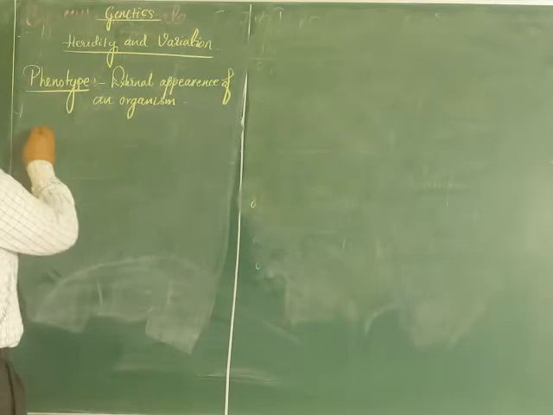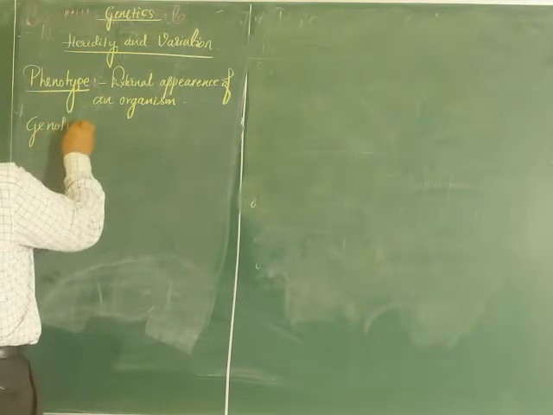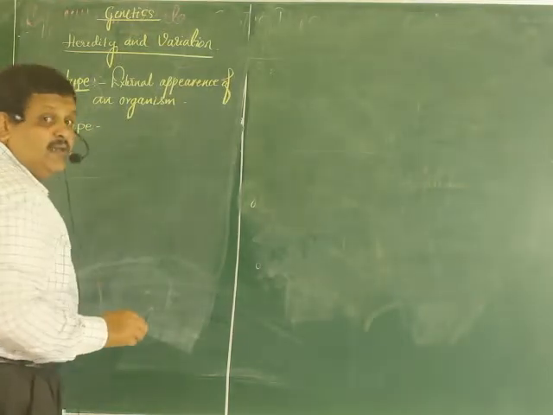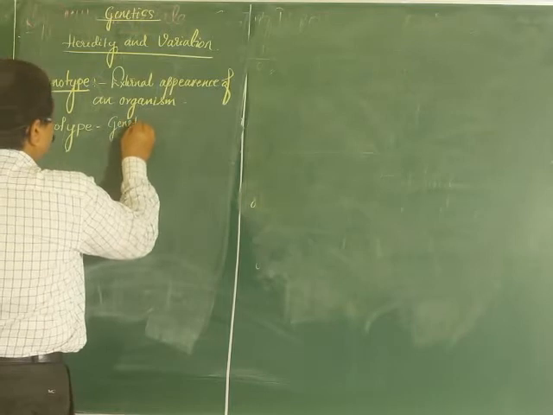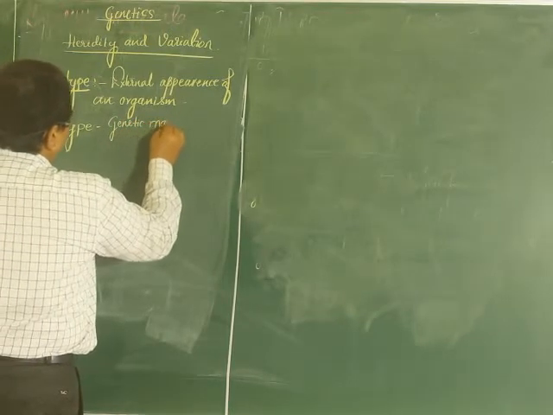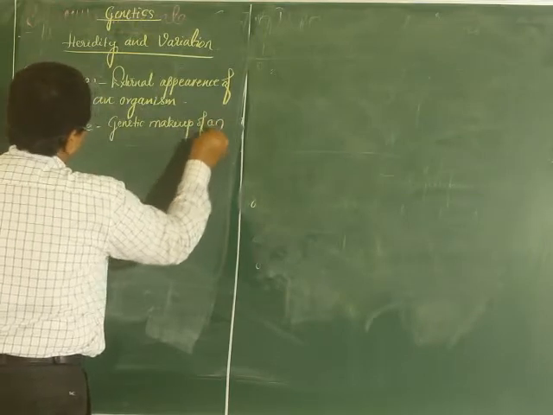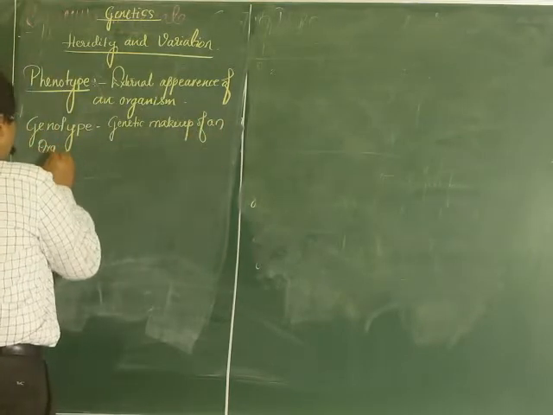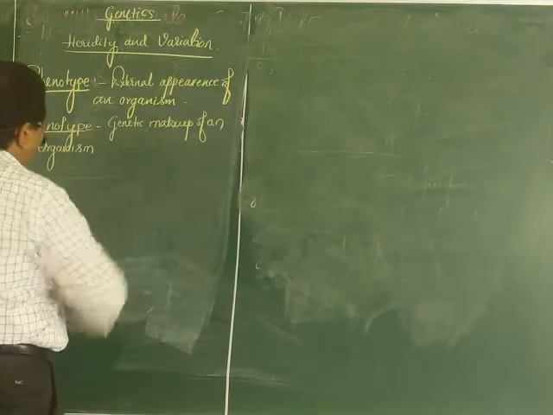Then genotype. It is genetic makeup of an organism. Genetic makeup of an organism is called genotype.